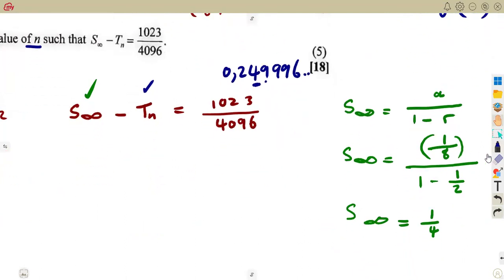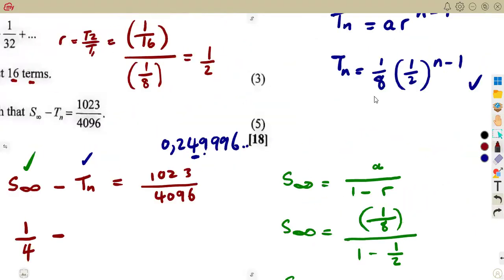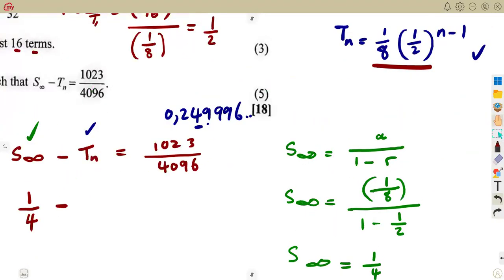Following this statement, they are saying the sum to infinity, which is 1 over 4, minus Tn, which we calculated as 1 over 8 into 1 over 2 to the exponent of n minus 1, is supposed to be equal to 1023 over 4096.